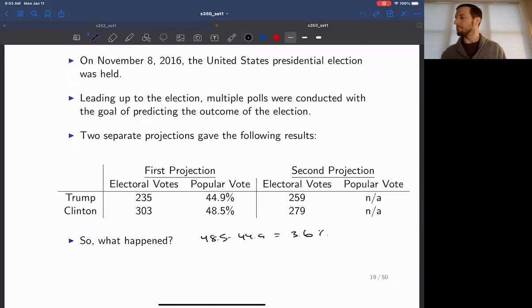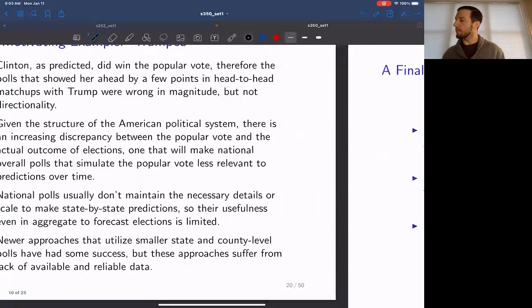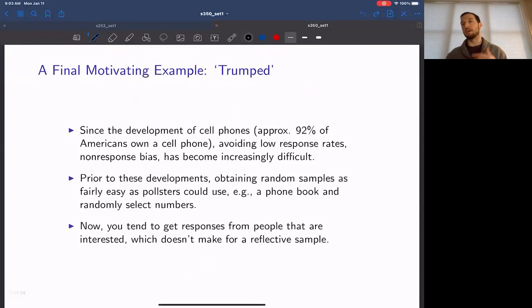For example, there was a discussion on how pollsters are somewhat efficient in predicting the popular vote, but the correlation between the popular vote and the electoral vote isn't as strong as it needed to be for these results to have been true. There was also an issue with non-response, because such a large percentage of the population has cell phones now, so it's harder to actually get in contact with people.